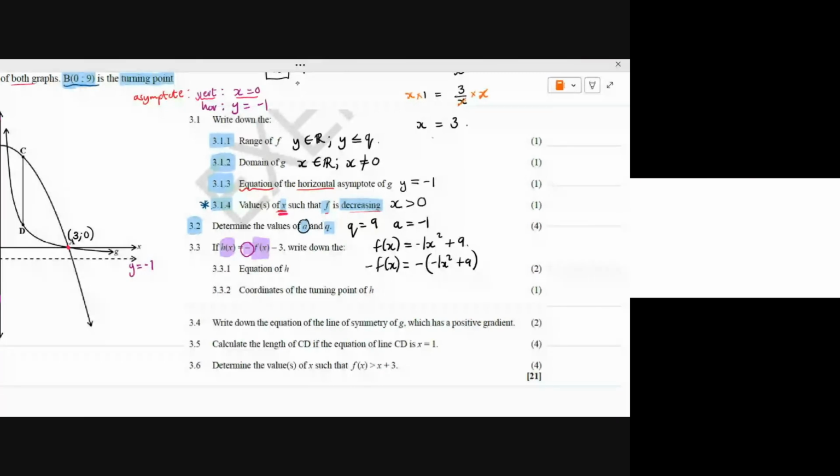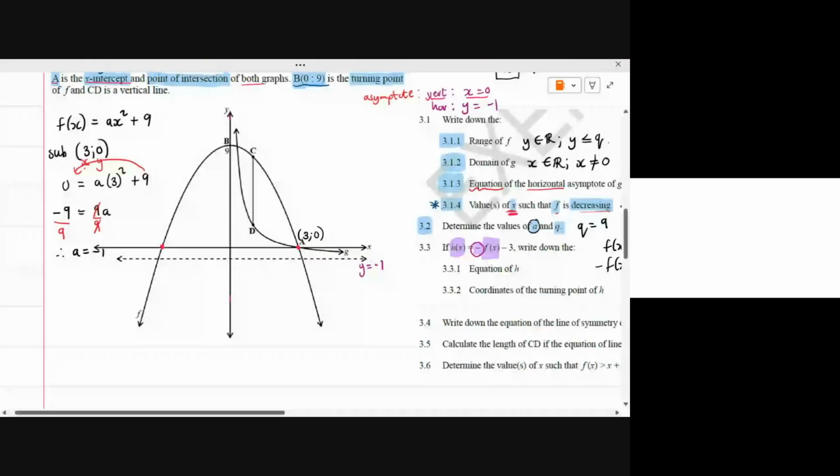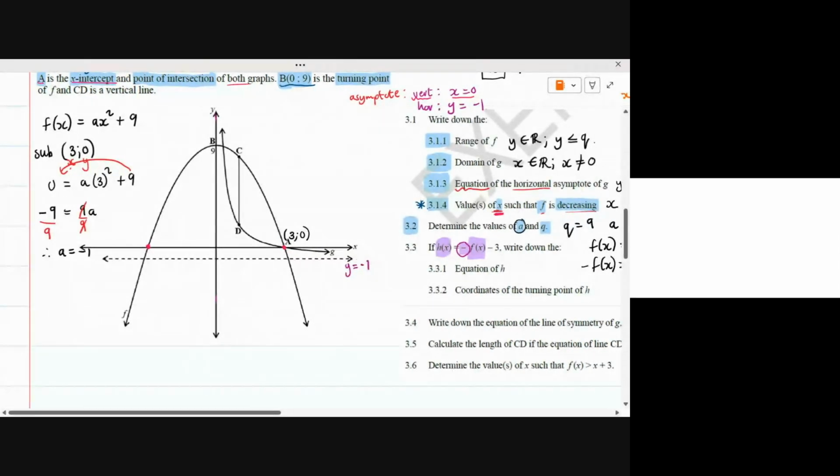And then we're going to distribute this new negative that they've given us. So now my whole graph is going to flip. So my turning point, instead of being at 9, will be at -9. It will look like that.